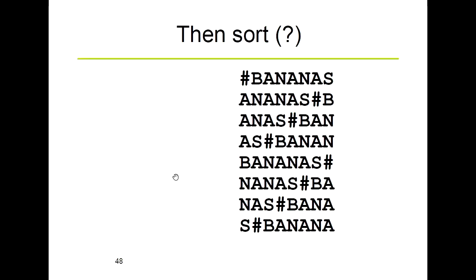You sort them. The last column will be your BWT. And my question in the very beginning was just: the last column is the BWT. You sort the last column. You will get the first column. That's my question. Yes or no?